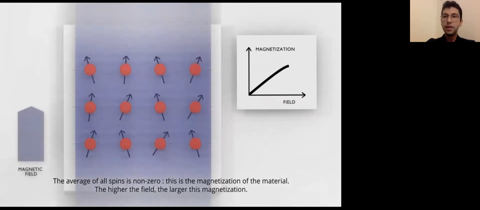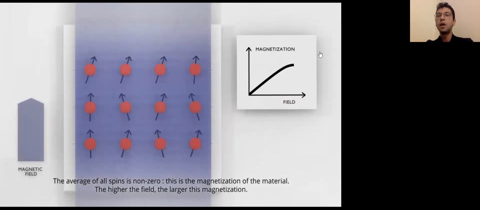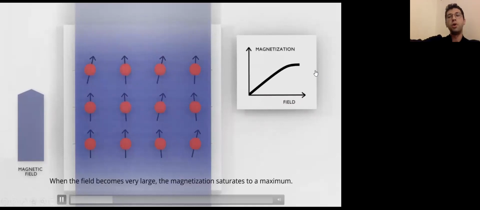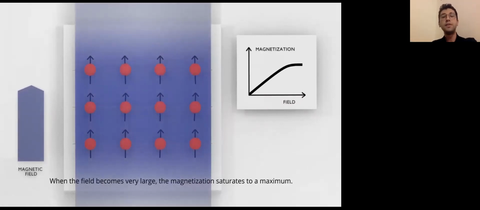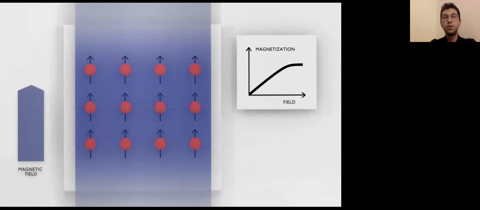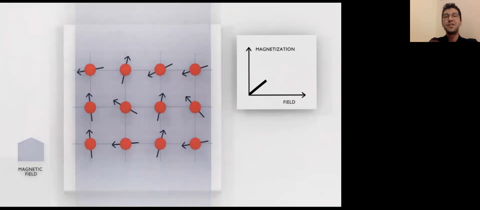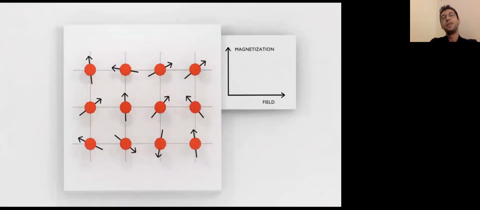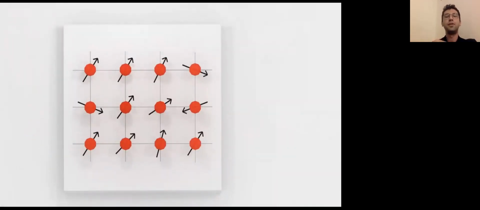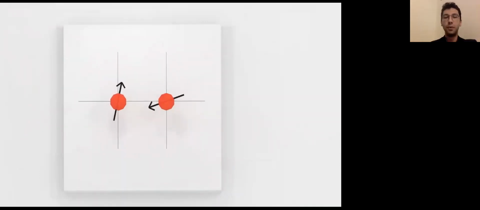And we see here in the right graph that magnetization comes to a saturation point when we apply a magnetic field. This is basically the precessional torque that I was talking about in the figure. So yes, and if we take away the field, they go back to randomly oriented.